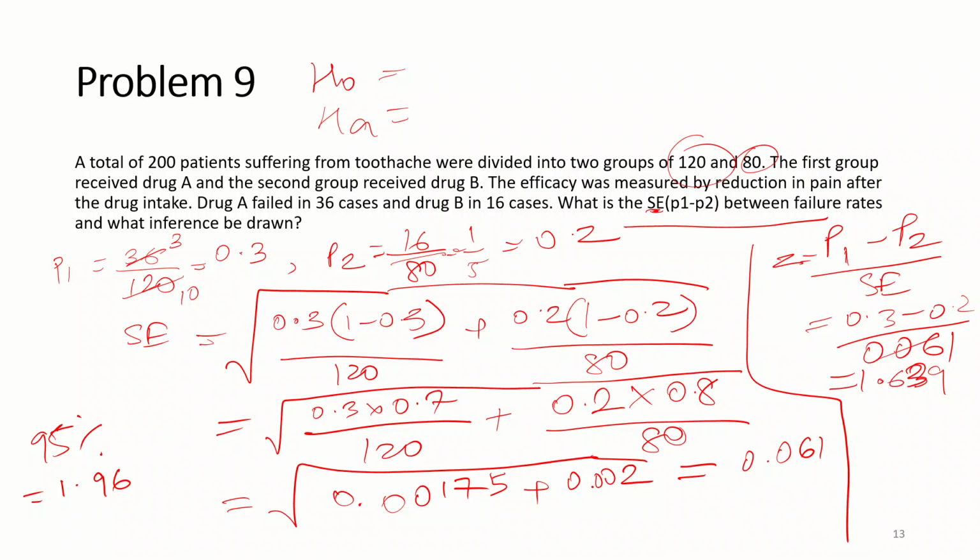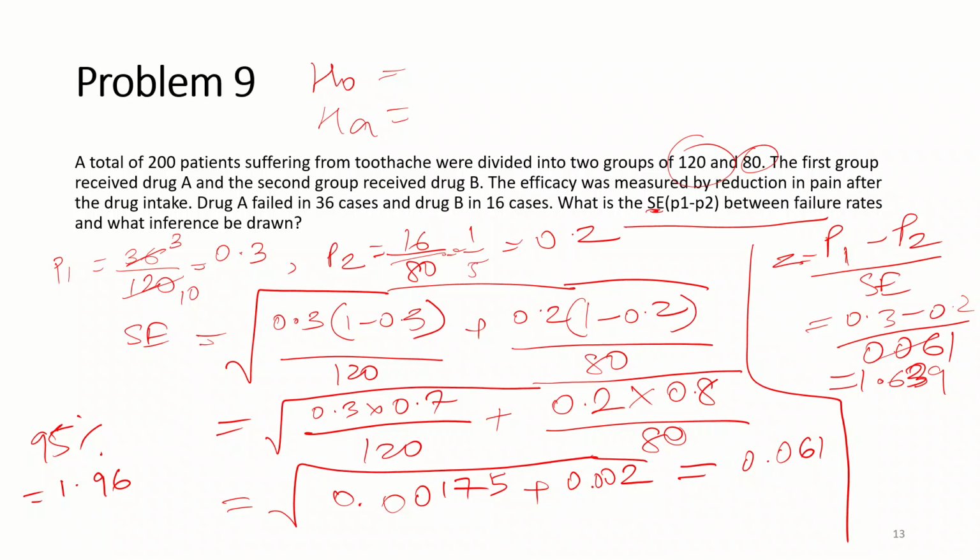Yeah, true. In a sense, from the result, as it is less than the table value, the null hypothesis will be rejected, right?